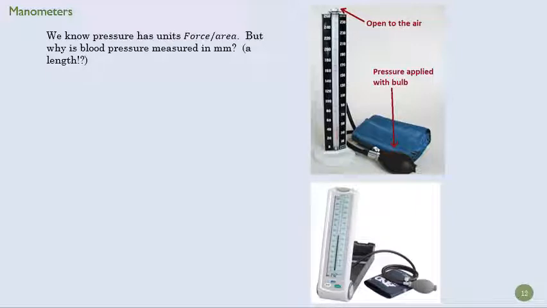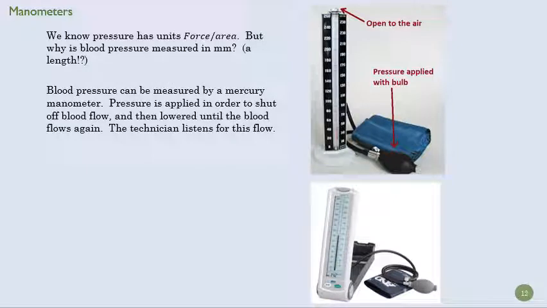Now we know pressure has the units of force per area, but you may have noticed that blood pressure and in fact atmospheric pressure are sometimes measured in length, right? So if you look at a blood pressure gauge, you'll notice that the units are in millimeters mercury.